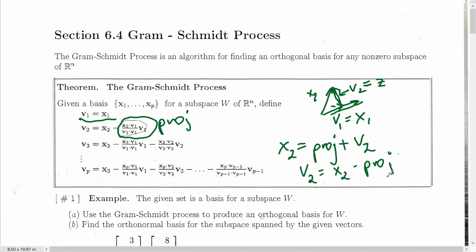So in that case, my v1, which is my x1, is the big vector, and now I created an orthogonal vector to this. Once I have those two vectors, I can always place them at the same spot.